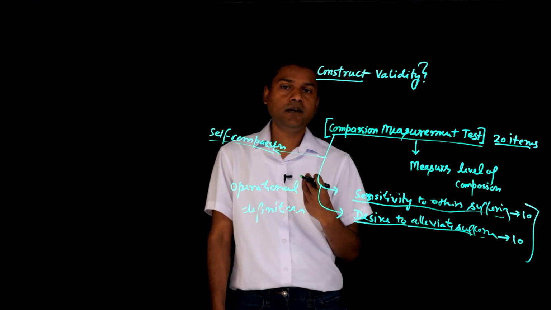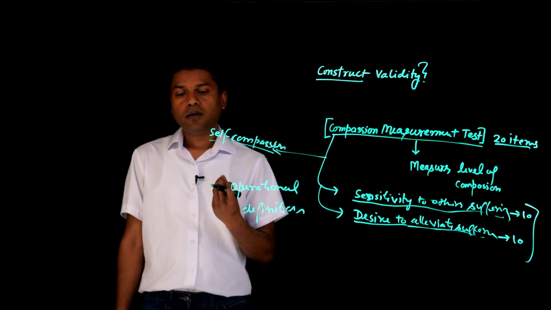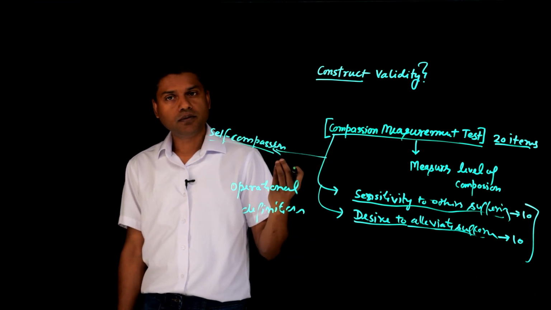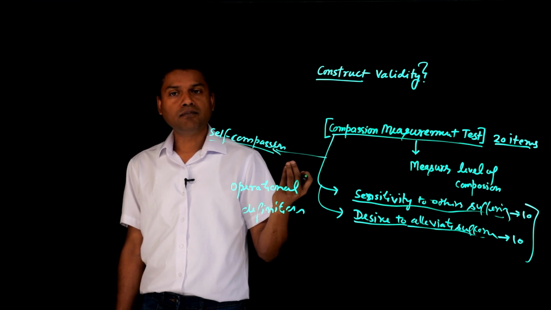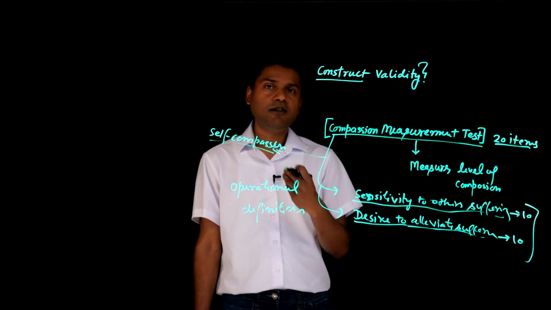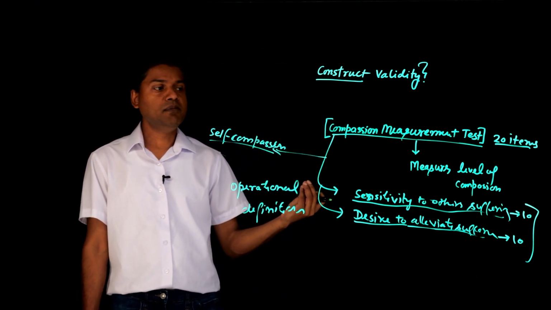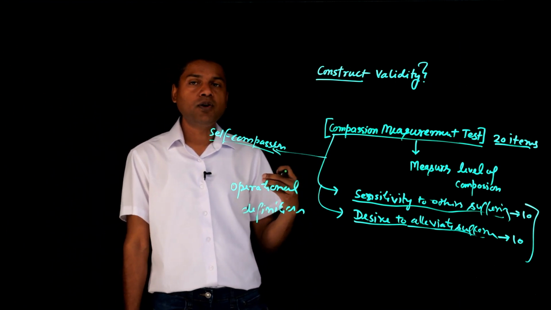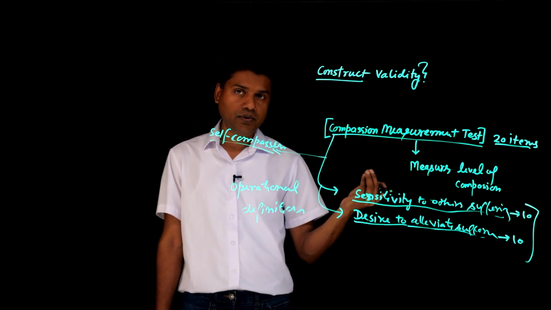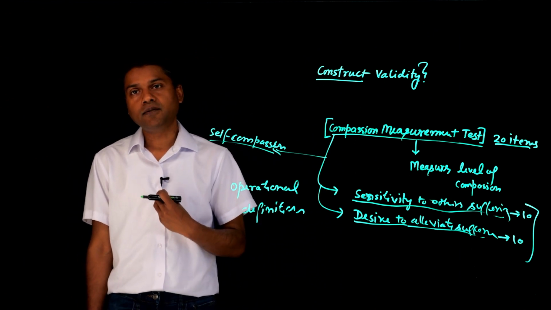And let's say the theory might say that supporting others starts from supporting yourself. If I do not love myself, I cannot love others. So similarly, if I want to feel compassion towards others, I first need to feel compassion for myself.